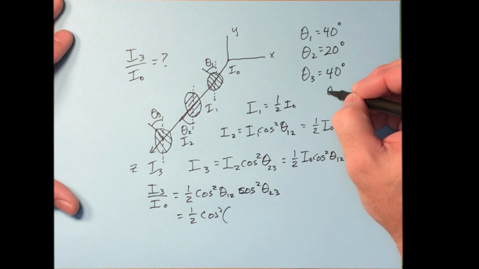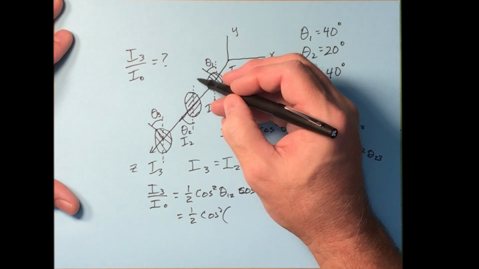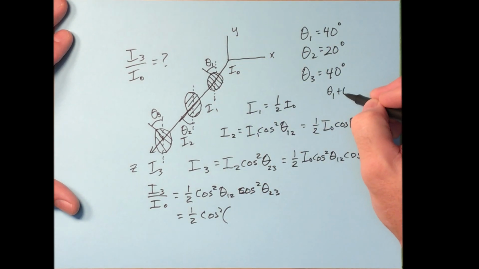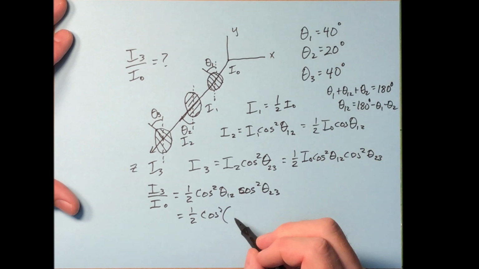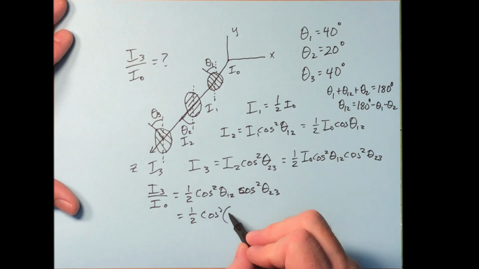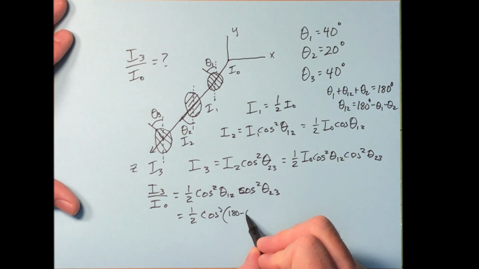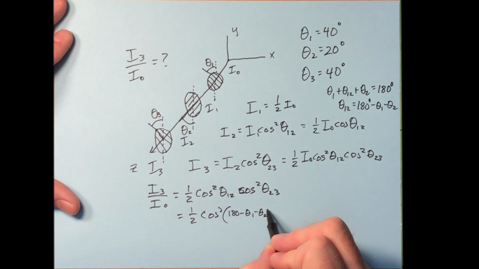Notice that if I take theta 1 and I add the angle between the two, theta 1, 2, and then I add theta 2, all of those have to equal 180 degrees. So what does that mean? That means theta 1, 2 is going to be 180 minus theta 1 minus theta 2. So this theta 1, 2 then is 180 minus theta 1 minus theta 2.